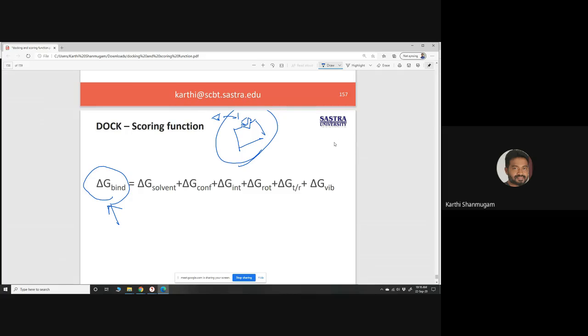Okay, so I just wanted to give what are the various terms which are represented here. What is meant by delta? Let me ask you a question. What is meant by delta G? This you might study in your 11th standard, 12th standard, and first year chemistry. What is delta G?